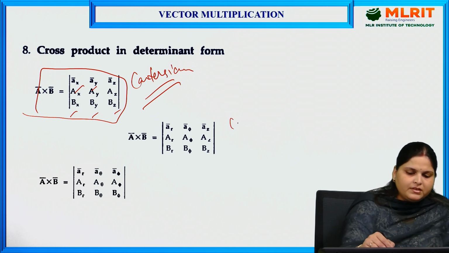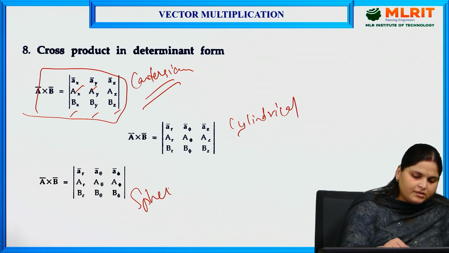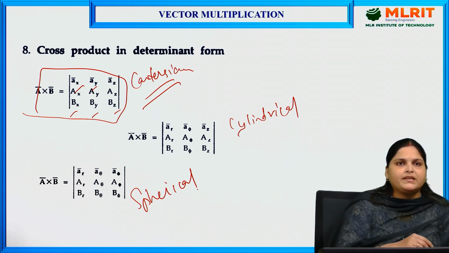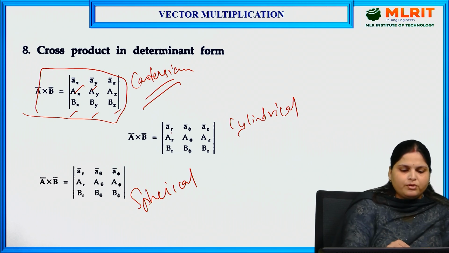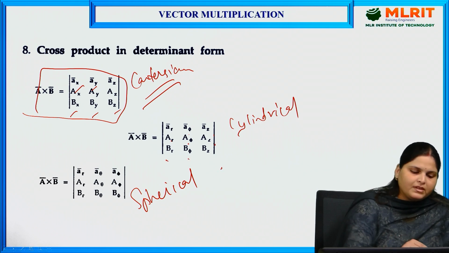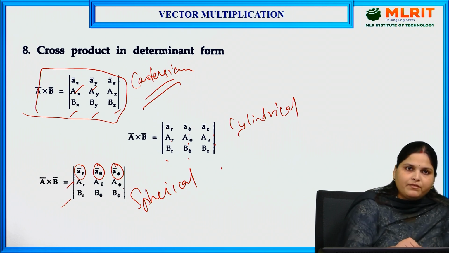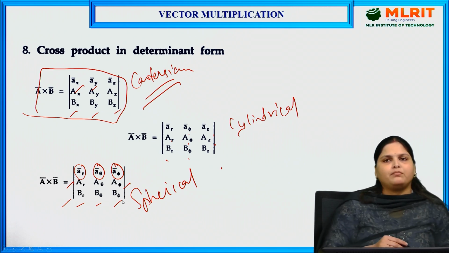This one is in the cylindrical coordinate system and this one is in the spherical coordinate system, right? So this is ar, aphi, az; Ar, Aphi, Az; Br, Bphi, Bz. And this is ar, atheta, aphi; Ar, Atheta, Aphi; and Br, Btheta, Bphi.